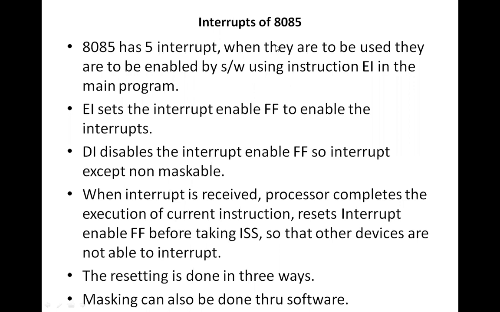So meaning thereby, if we want to use these 5 interrupt lines, and through these interrupt lines the devices are connected, and the device wants to interrupt the processing of 8085, it is a must that the flip-flop related to the interrupt must be enabled.